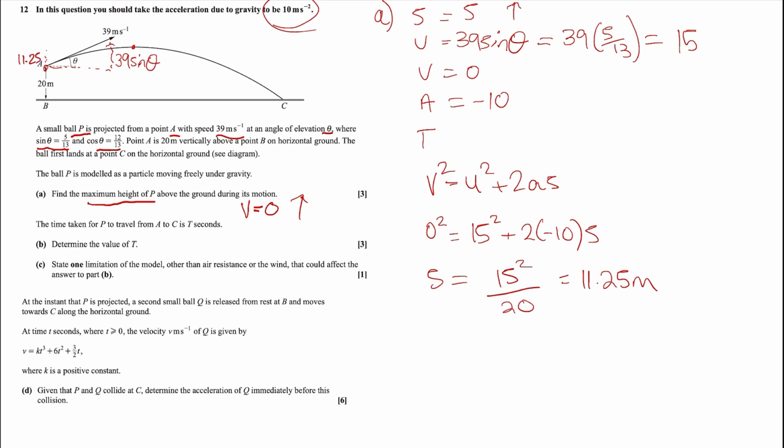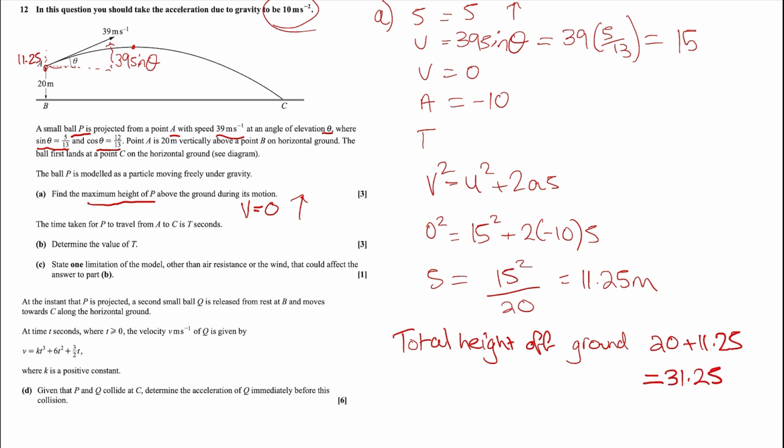But we want the total distance off the ground. The total height off the ground is going to be the 20 plus the 11.25, which is 31.25 meters. Okay, so that's part A done.